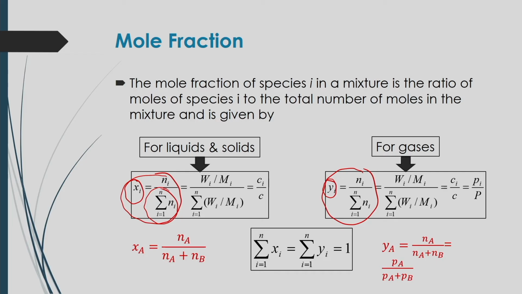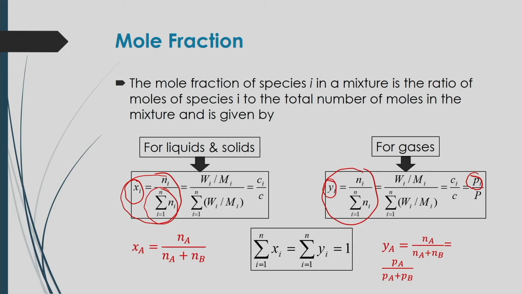If you know the partial pressure of individual gaseous components and the total pressure of the gaseous mixture, you can easily calculate the mole fraction of individual gases, which is the ratio of the partial pressure of the individual component to the total pressure of the system. That will be your mole fraction of the gas.